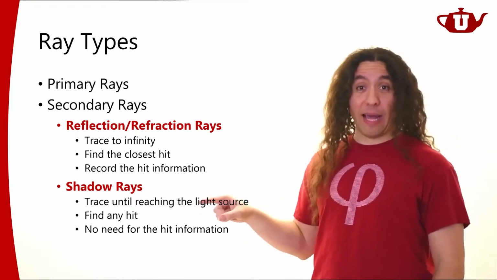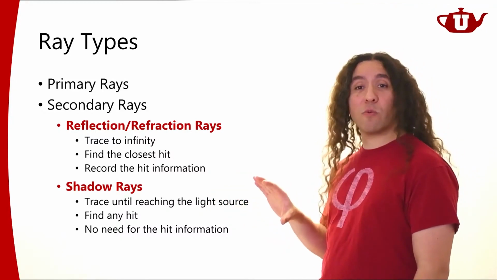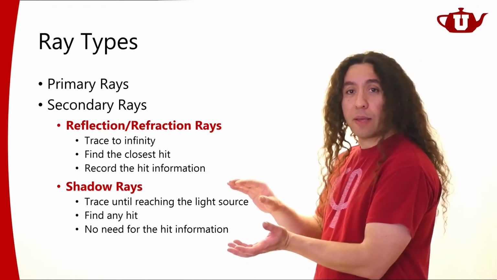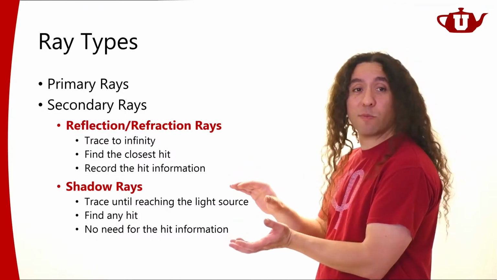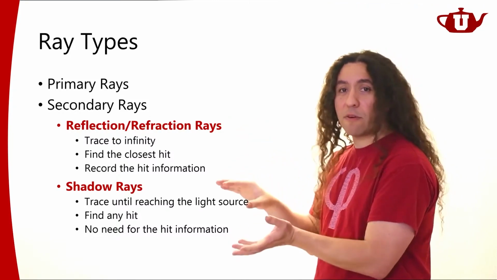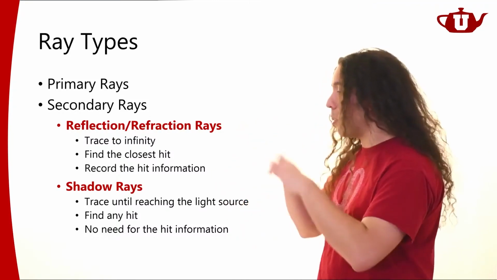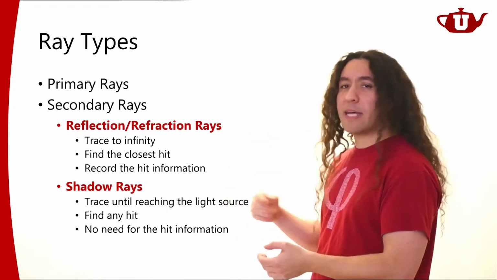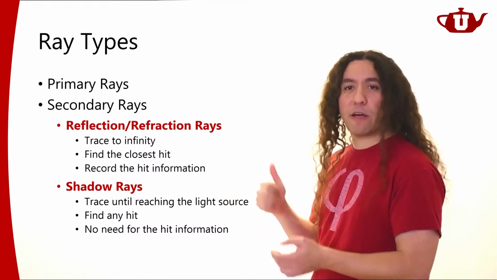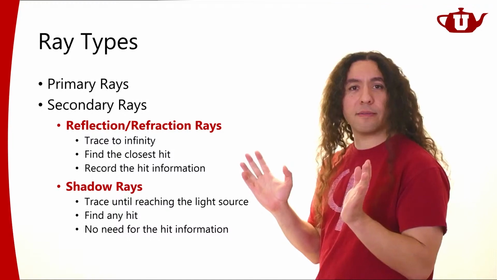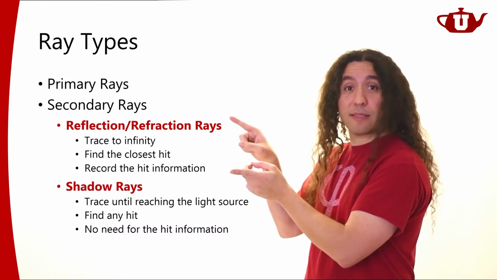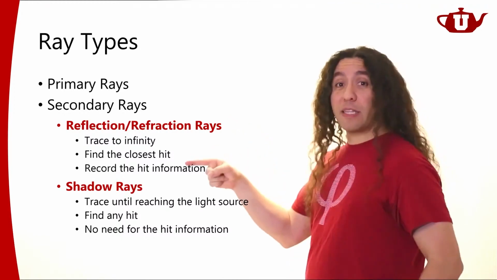Because of that, most ray tracers will have a separate routine for handling shadow rays, because you can handle shadow rays much more efficiently than the other types of rays. With shadow rays, if you have a for loop going through all of your objects, you can return as soon as you find a hit. And you don't need to return anything. You can just say, yeah, I found a hit, true or false, I'm done. But with reflection types of rays, I need to find the closest one.